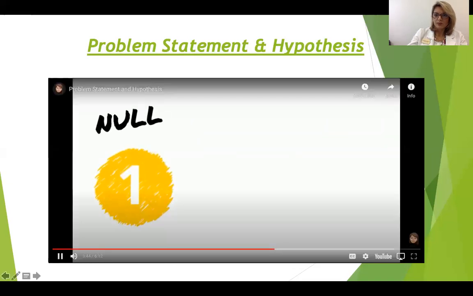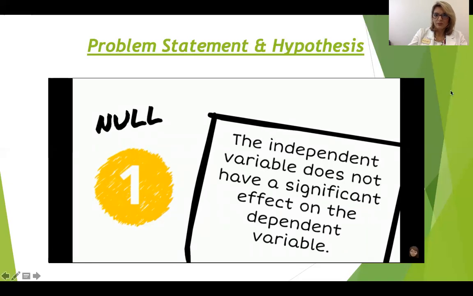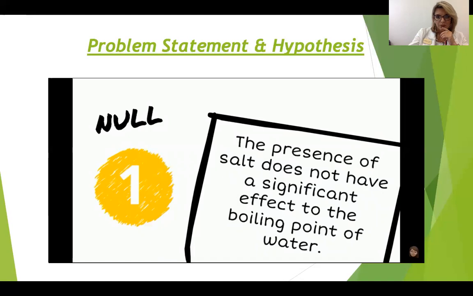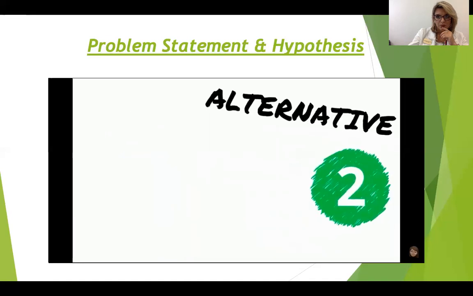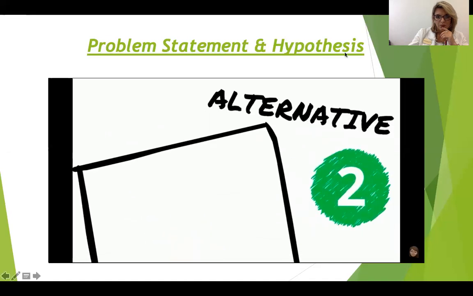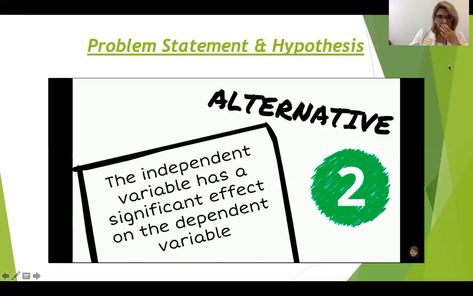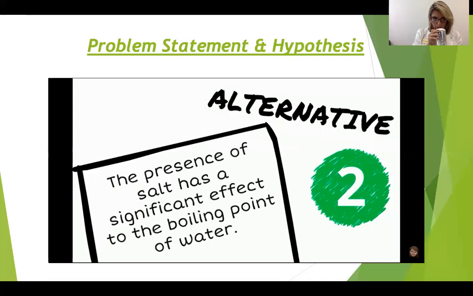Null hypothesis states that the variable has a significant effect on the dependent variable. For example, the presence of salt has a significant effect on the boiling point of water.